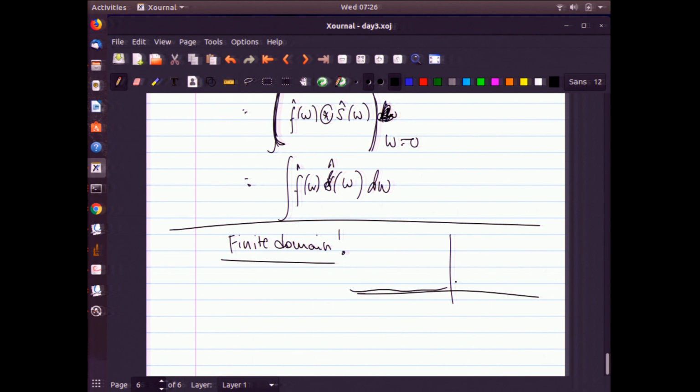So we are assuming this function is over the infinite domain. But if the only part of the domain we want is 0, 1, how can we do anything with this? Yeah, the easiest solution is you define f rectangle equals f times the box. Okay. And then you do everything after that.